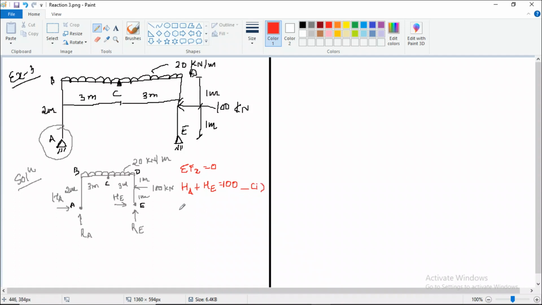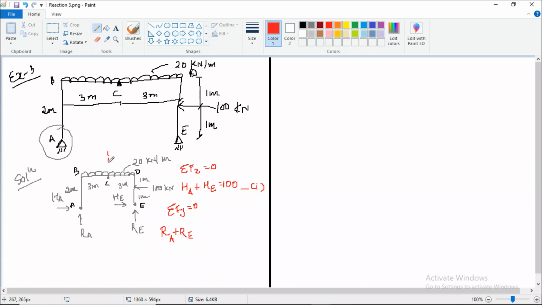Now apply second equilibrium equation, that is summation of Fy is equal to 0. So do the summation of all the vertical forces. First we have 2 vertical forces upward, that is Ra plus Re, and you have a UDL here. How can we convert that UDL into point load?